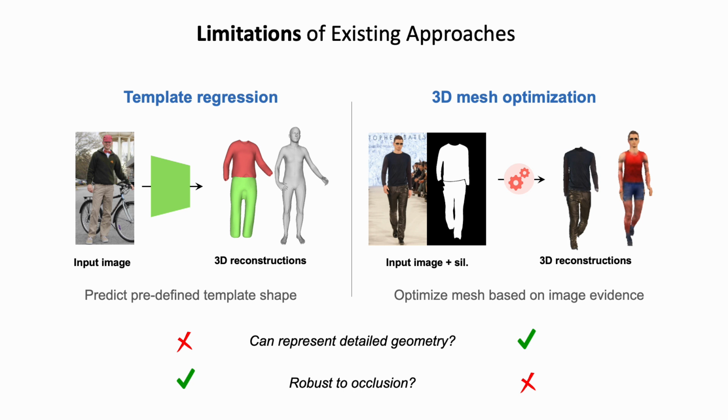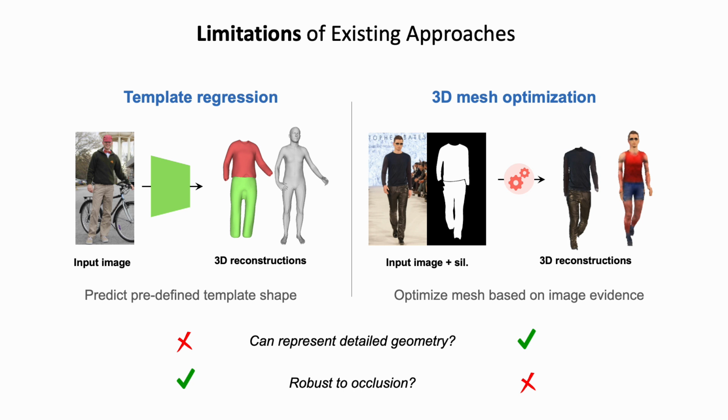For the reconstruction, we can consider two main approaches: template-based regression and 3D mesh-based optimization. The template-based regression approach estimates template shapes, which are predefined by the 3D template models. These template models provide smooth geometry, but they are robust to occlusion since the network predicts shapes within a constrained latent space.